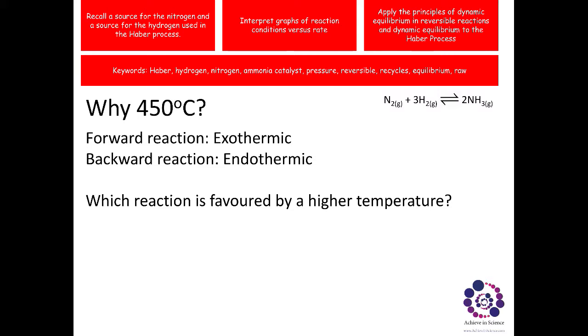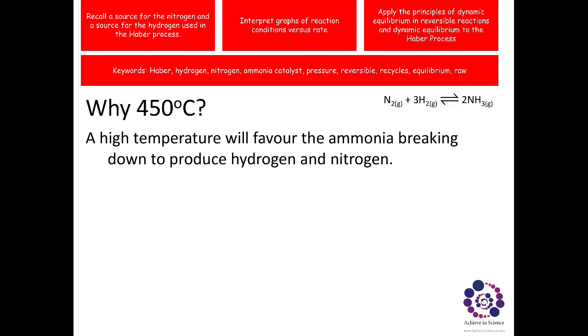So which reaction is therefore favoured by a higher temperature? The higher the temperature will actually favour the reaction where ammonia breaks down to produce hydrogen and nitrogen, because it is an endothermic reaction. So the hotter the surroundings, the more thermal energy it can take in.